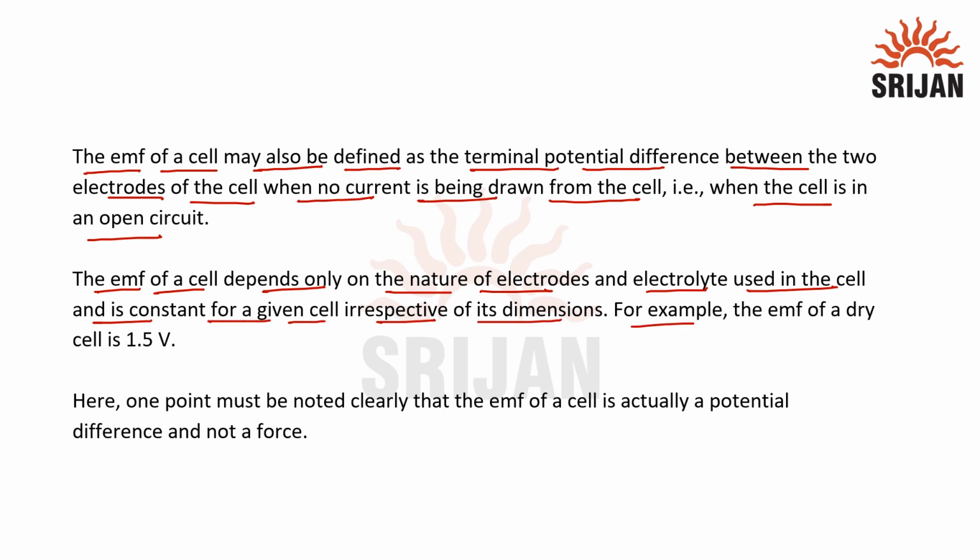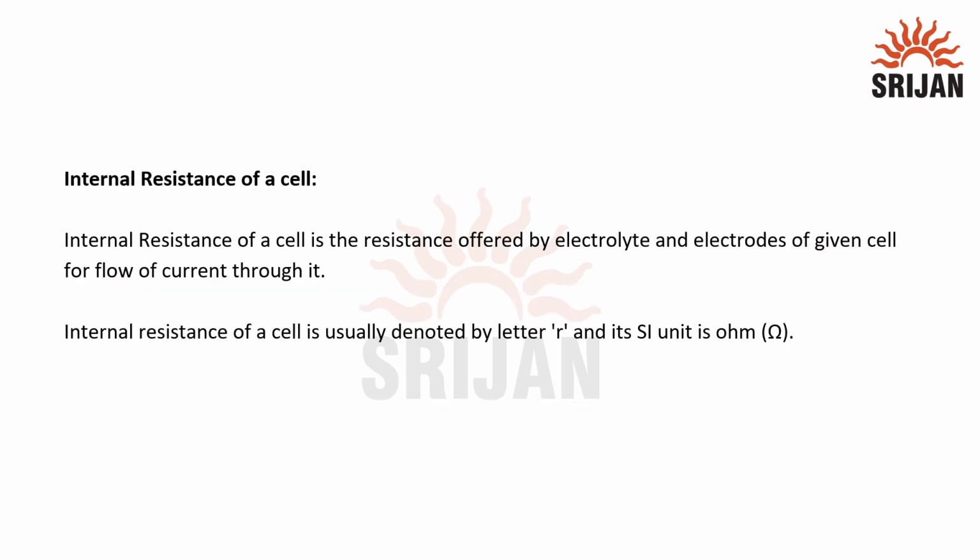For example, the EMF of a dry cell is 1.5 volt. Here, one point must be noted clearly, that the EMF of a cell is actually a potential difference and not a force.